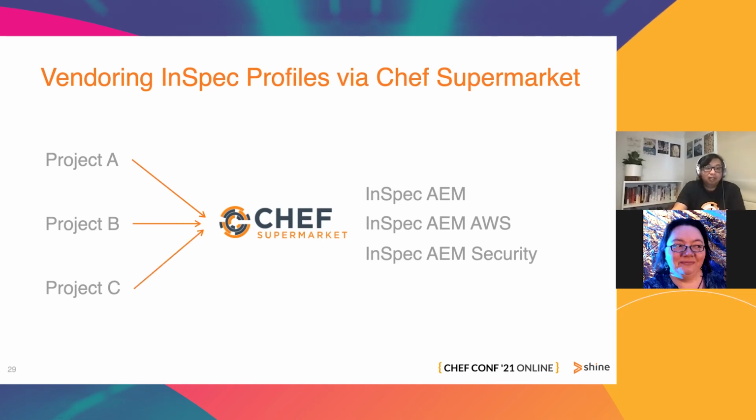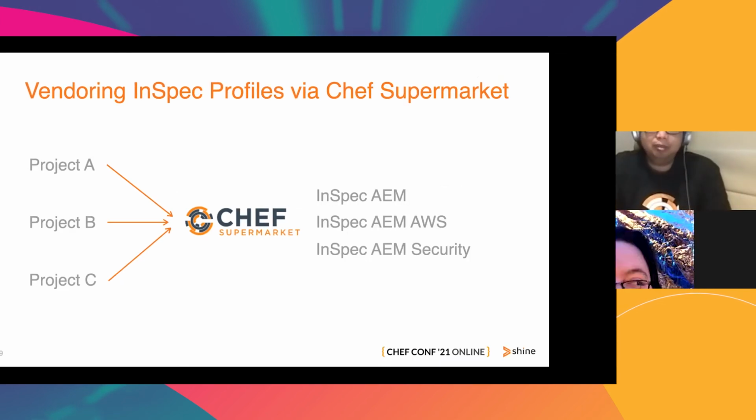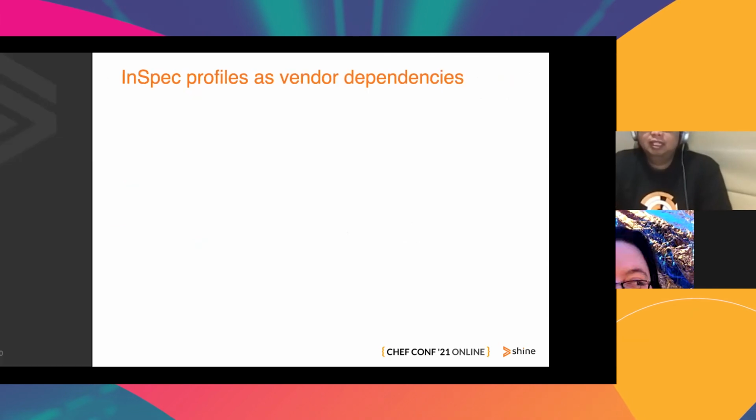So there is a level of reuse there, and it's very useful. And in fact, we found out that there are other organizations out there that just use some of these inspect profiles as a standalone, and they integrated these checkings against their own implementation, which is great. That's what we want from open source, right? It's something that's useful, people start using it, and hopefully people will start contributing to it.